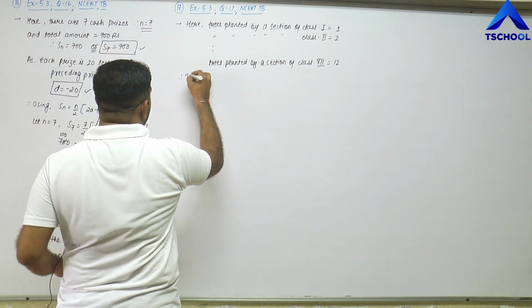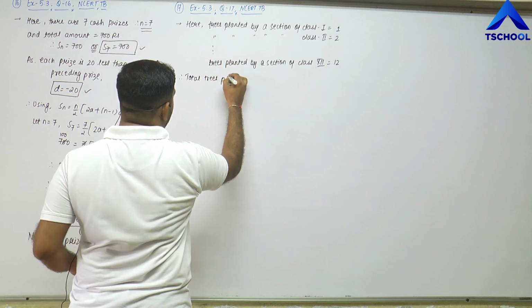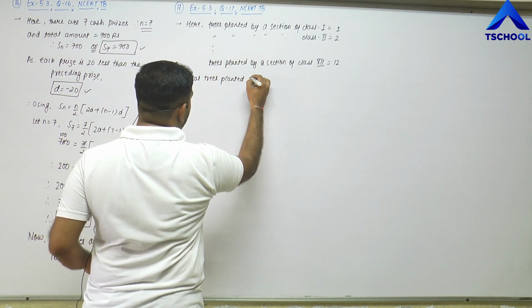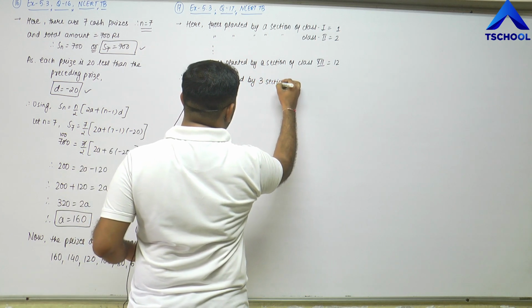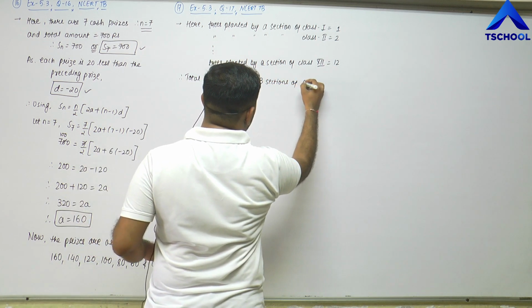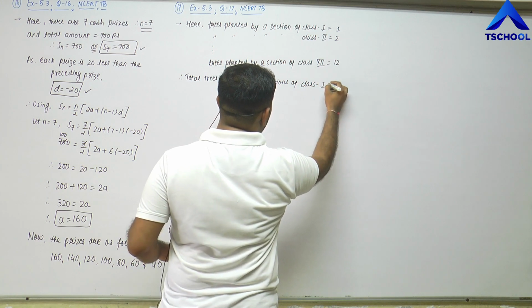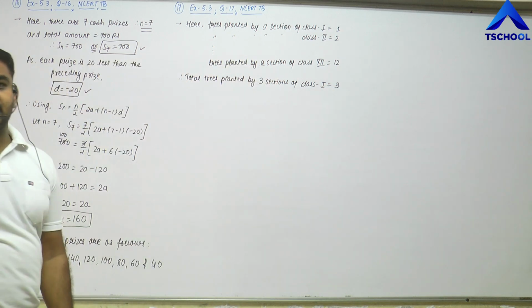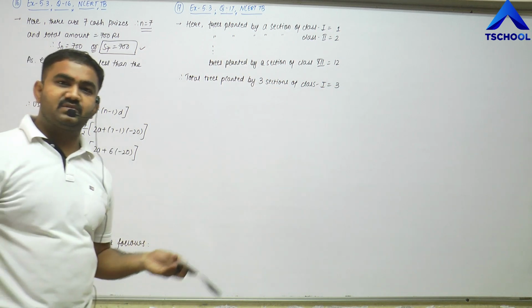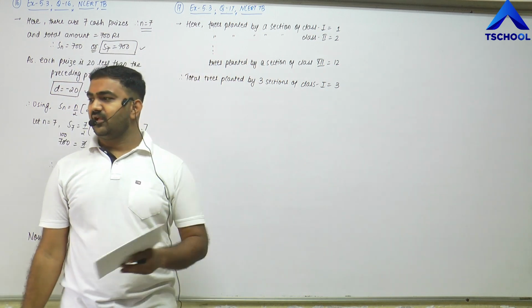Therefore, total trees planted by 3 sections of class 1 is 3, right? Because there are 3 sections, one section of class 1 plants 1 tree, similarly one for the second section and one for the third section.